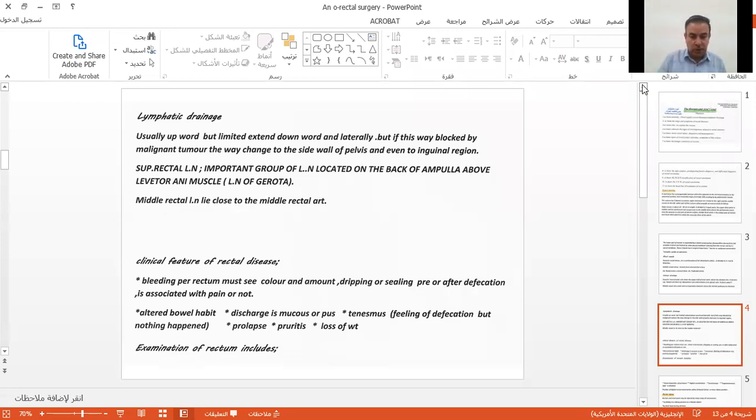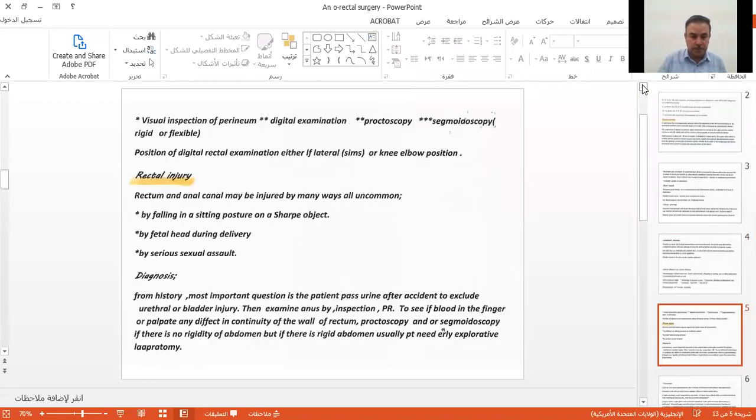Examination of the rectum includes visual inspection of the perineum, digital examination, proctoscopy, sigmoidoscopy, whether rigid or flexible. Position of the digital rectal examination is either left lateral Sims or knee elbow position.